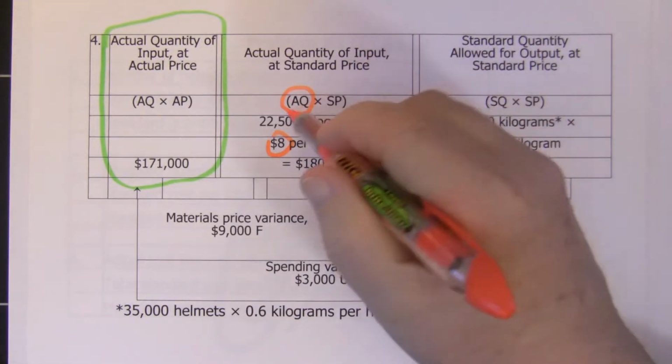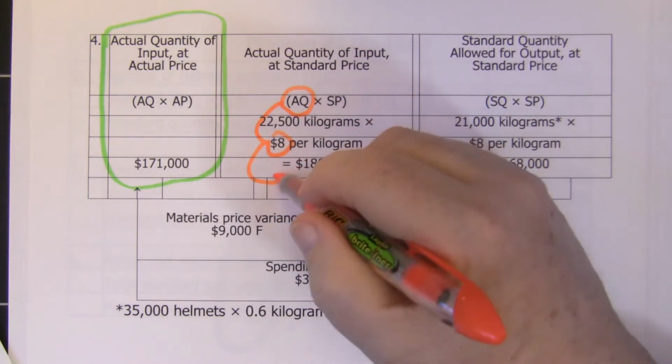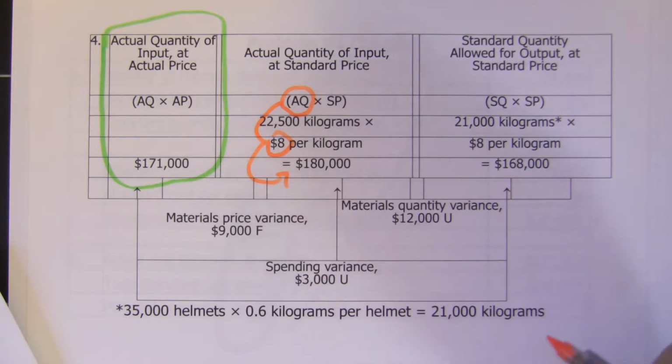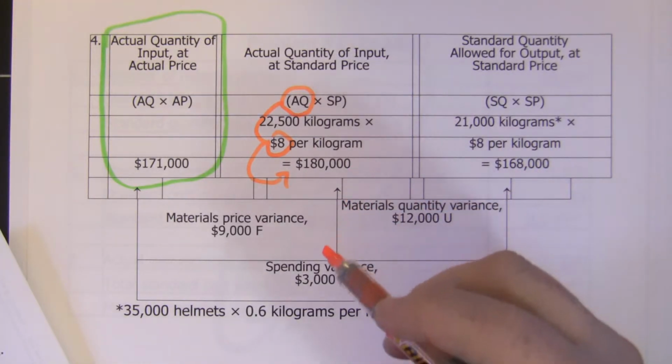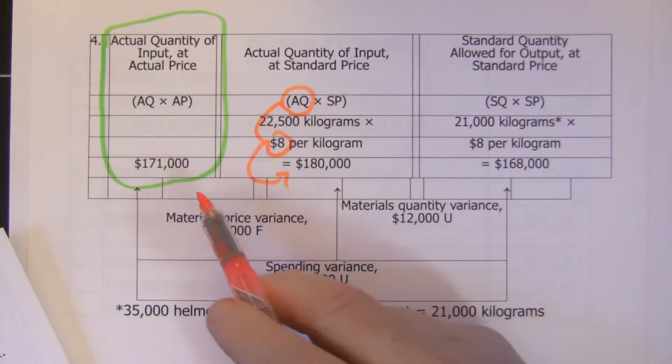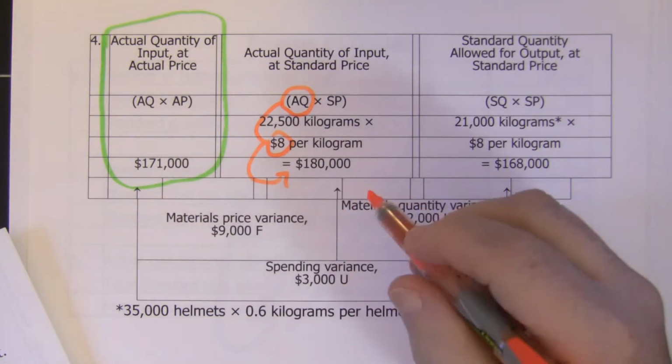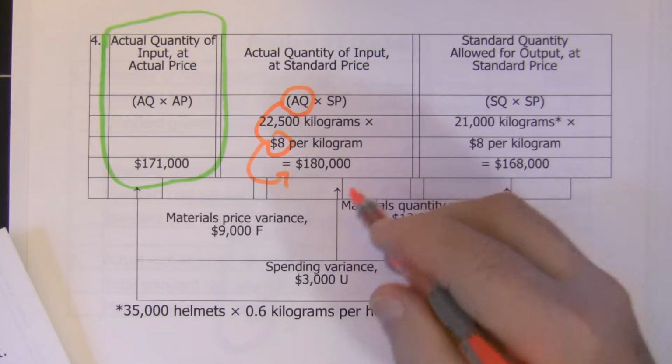Actual quantity times standard price. That's how much they expected us to spend if we paid the standard price for the actual quantity. So in this case, when we're looking at the price variance, we spent 171. We could have spent 190.